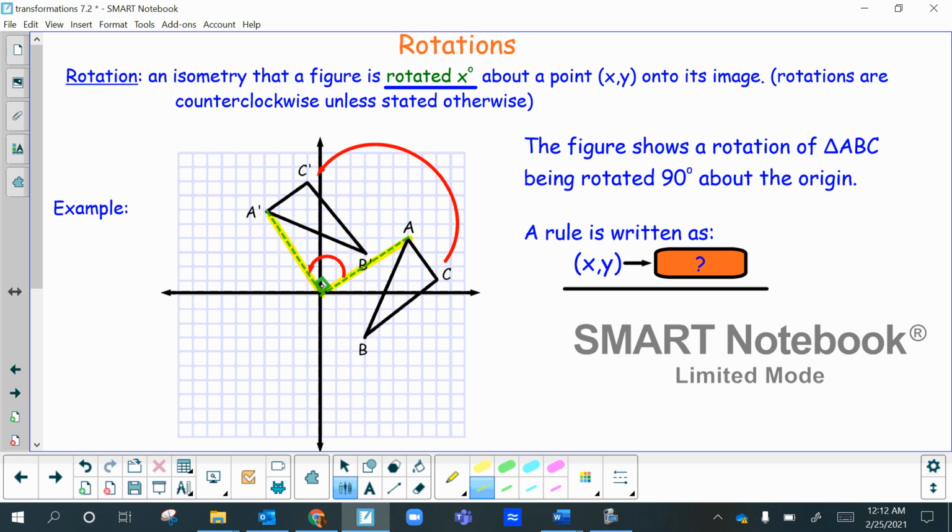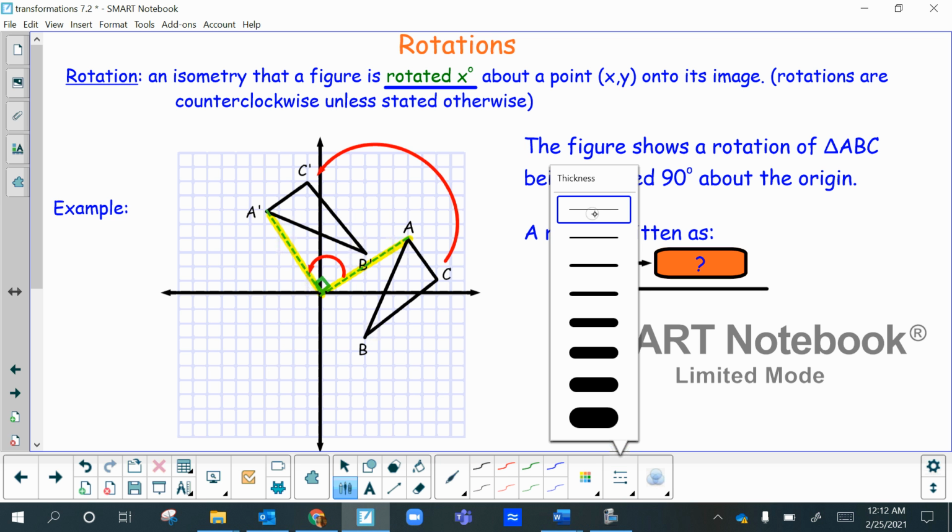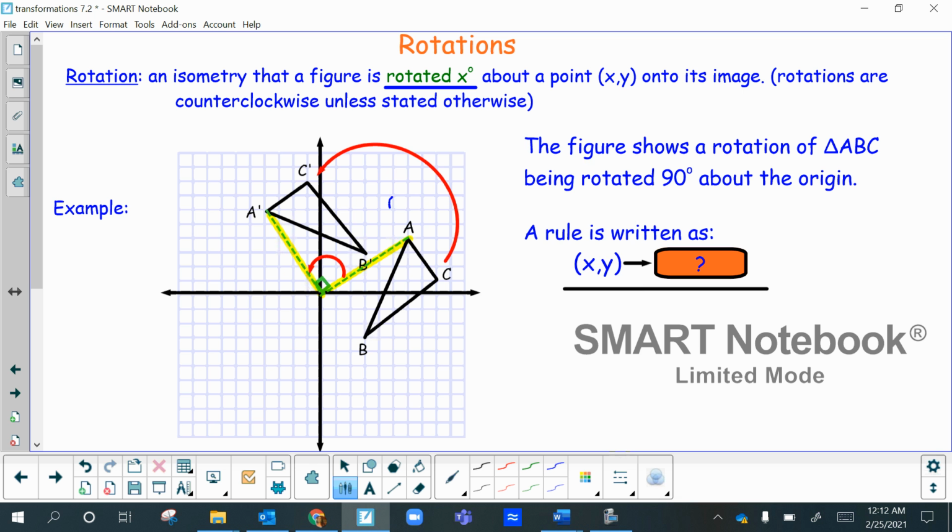Okay, and so let's take a look at that coordinate. That coordinate here is 6, 4, and A prime is at -4, 6. And so you want to look at that in order to create the rule. So it went from 6, 4, and it mapped onto -4, 6.